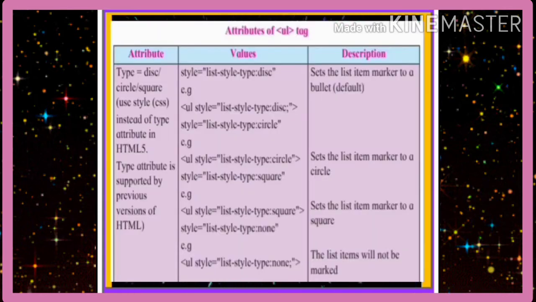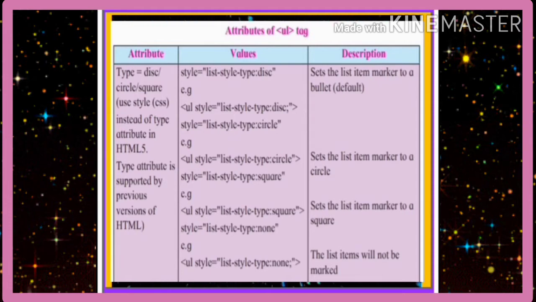Just like the OL tag, UL tag also has its own attributes. So this table contains the attributes of UL tag. In this table, the type attribute shows three values: disk, circle and square, which were used in previous HTML.